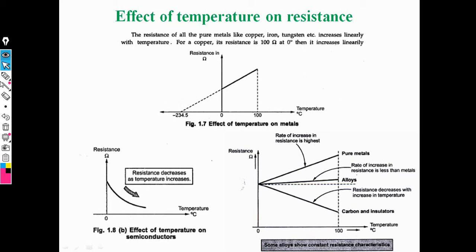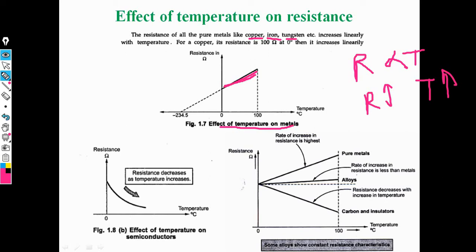This is the characteristic of the effect of temperature on metal: the resistance of all pure metals like copper, iron, and tungsten increases with respect to temperature. In metal, resistance is directly proportional to temperature.